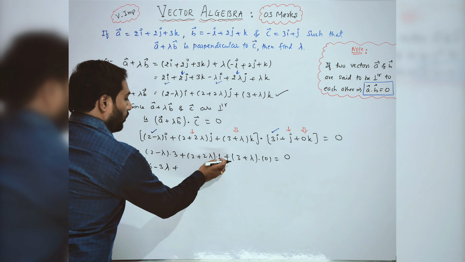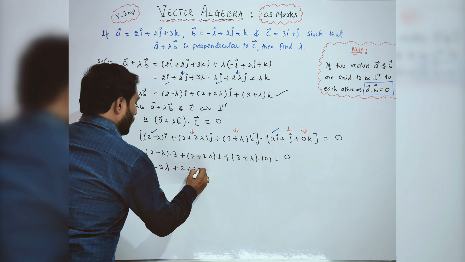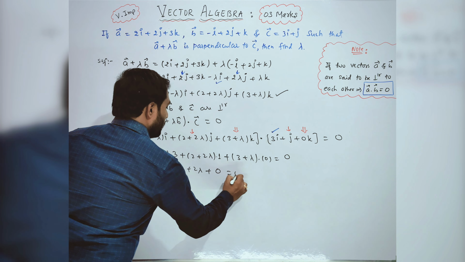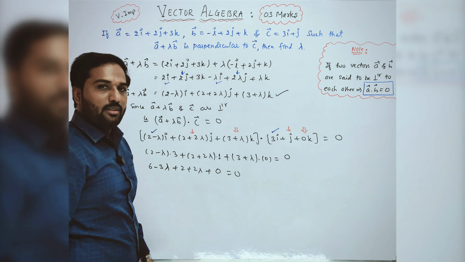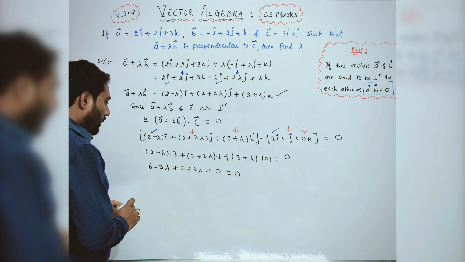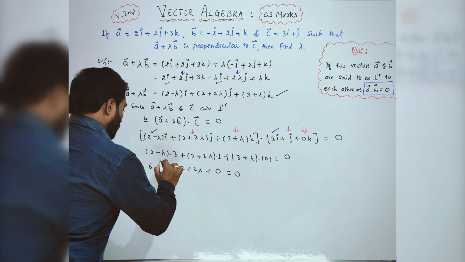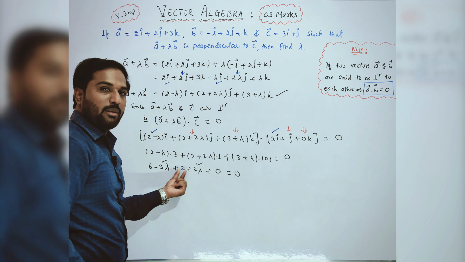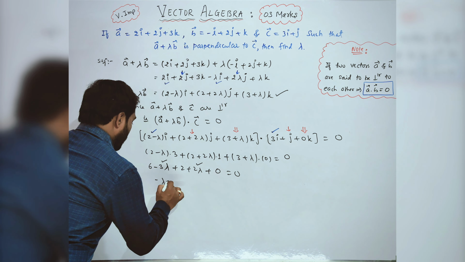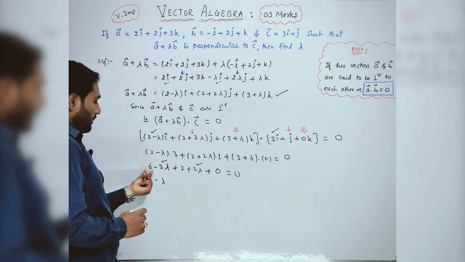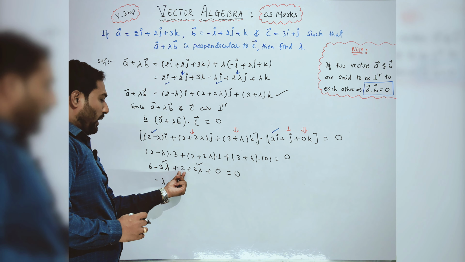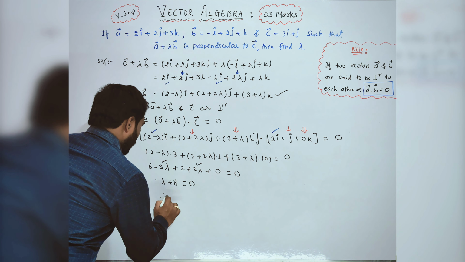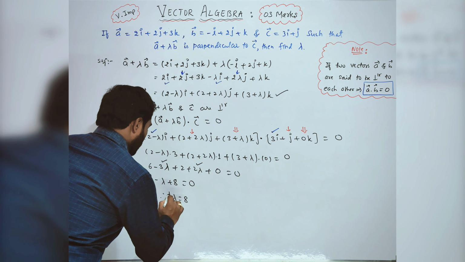Plus 2 plus 2 lambda, because into 1 remains the same thing. Plus 0 into anything is 0. Let us simplify this. Now look at the lambda values. This is minus 3 lambda plus 2 lambda. Minus 3 plus 2 is minus lambda. And what are the constants? 6 plus 2, 8. Therefore, lambda is equal to 8.